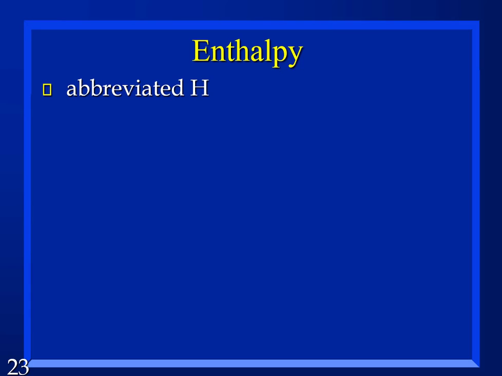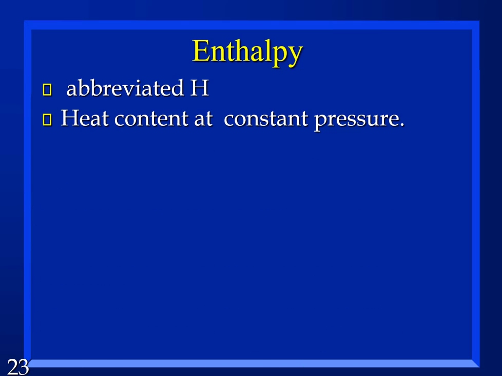And E usually stands for energy, so they couldn't pick E. They picked H. And what it is, it's the heat content at a given pressure. How much heat that thing has. How much heat energy is in that chunk.